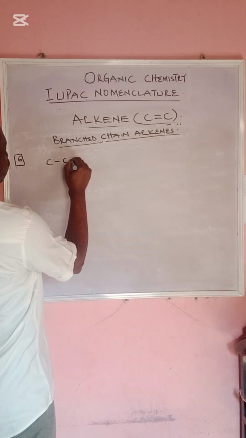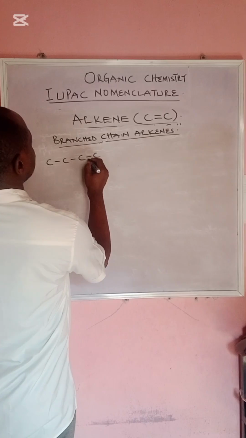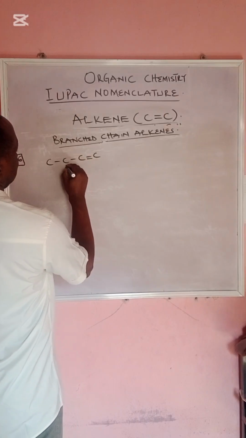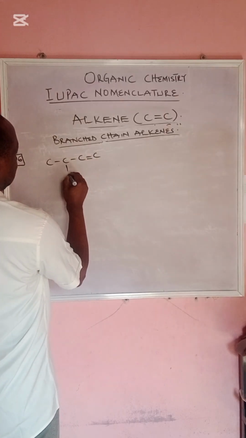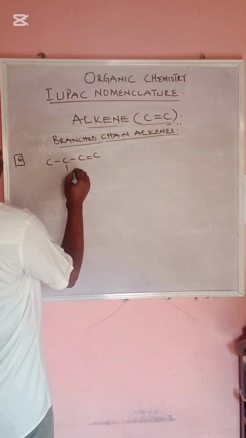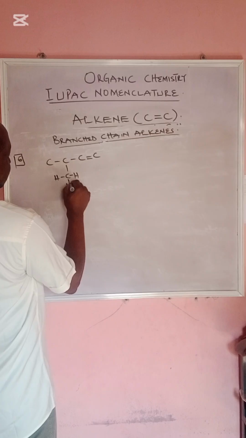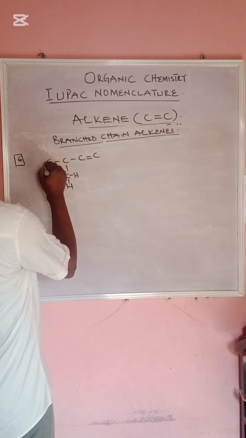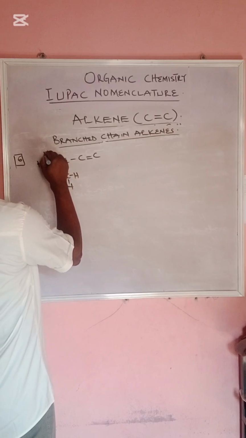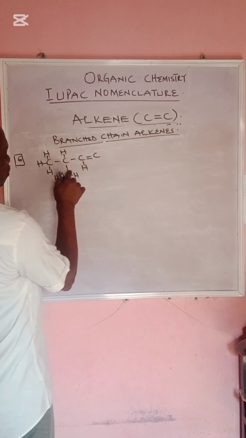Let's say 1, 2, 3, 4. We have methyl here. We have hydrogen. Be careful anyway.